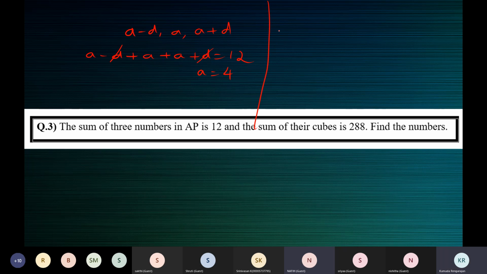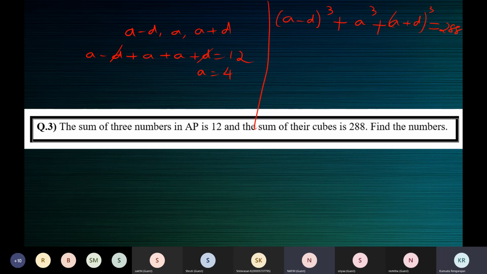The sum of their cubes. Their cubes are A minus D, the whole cube, A cube, and A plus D, the whole cube. These are their cubes. The sum of their cubes is 288. Find the cubes of the three numbers.